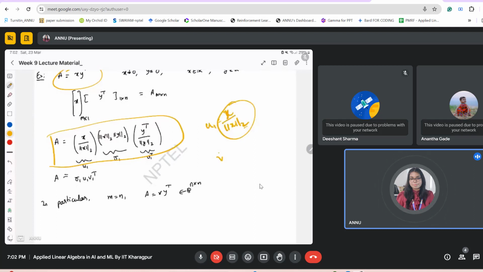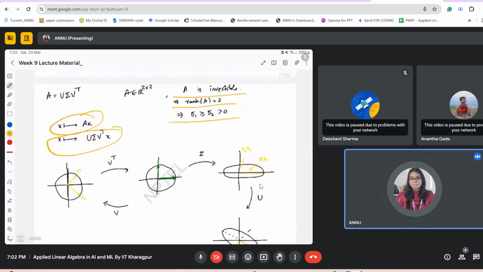If you see it in terms of a circle, and you write Ax, where A equals U sigma V transpose, and if A is invertible with rank 2, we will have two singular values, and by doing a similar process you get sigma, and that gives you an ellipse.